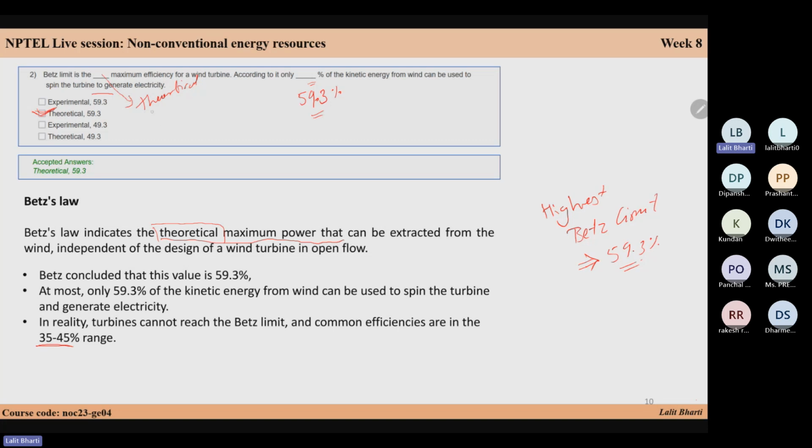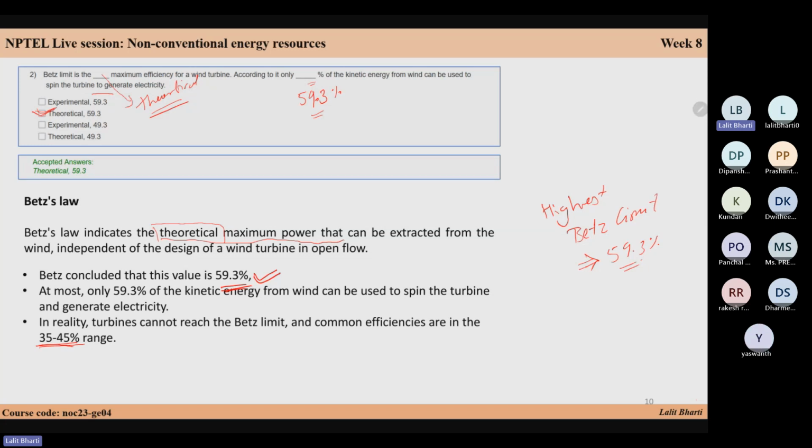So we know it is not an experimental limit, it is the maximum theoretical limit, and the limit is 59.3%. This is the highest possible efficiency of a windmill. The windmill efficiency cannot go above 59.3%, and typically these are in the range of 35 to 45%. So this is the Betz law, and the answer is the second, theoretical and 59.3%.